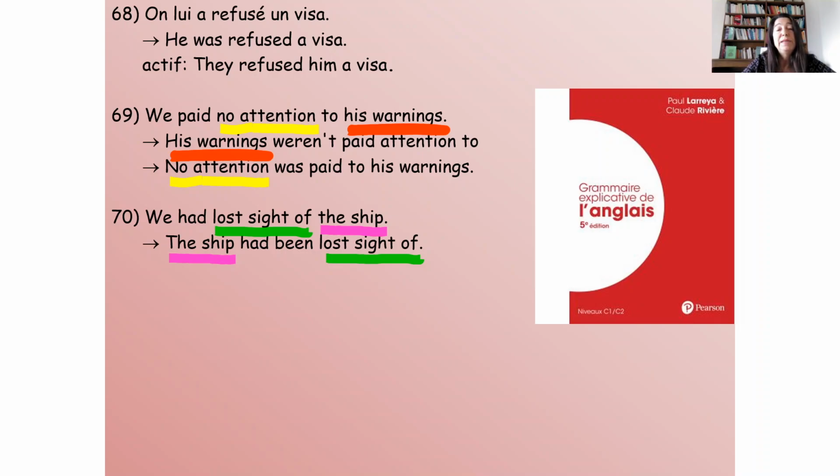The ship had been lost sight of, and again, I make sure I use the preposition at the end of the sentence, just like here I had put to at the end of the sentence. And that is the only option for this last example here, which you can find again in Paul Larreya and Claude Rivière's book.